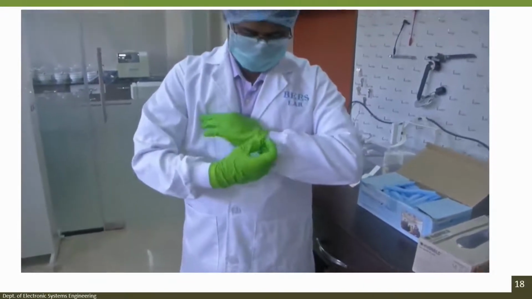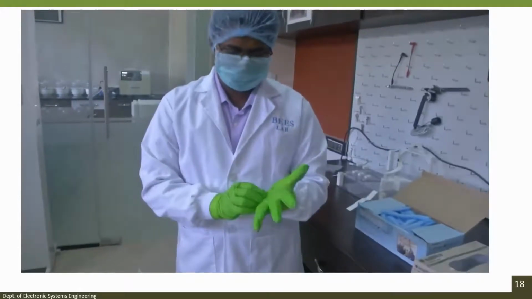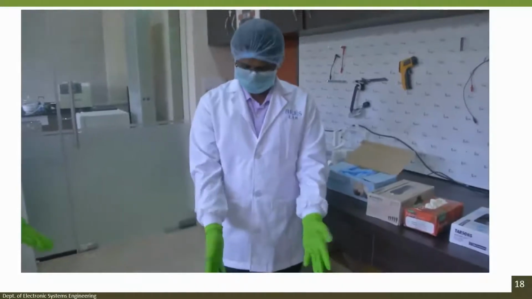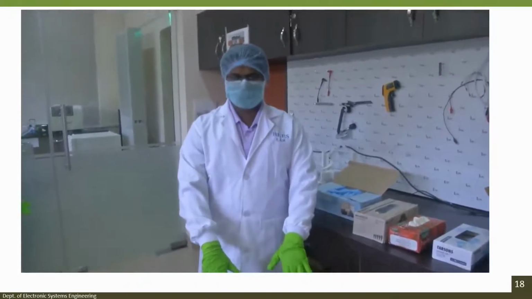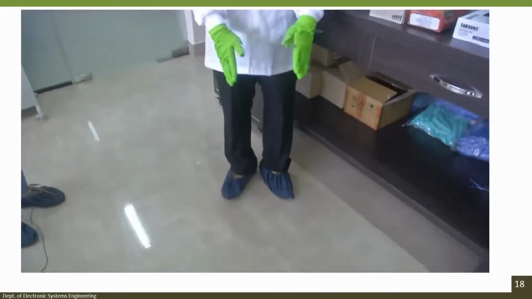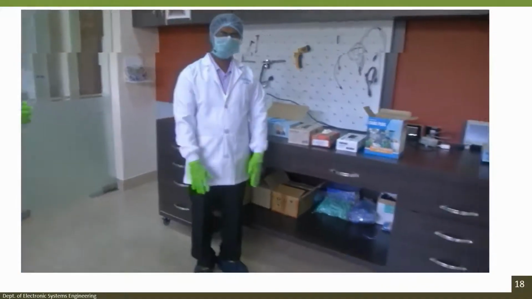These gloves are not really chemical resistant, they're just used to protect the environment from contamination. So this was the entire gowning procedure the visiting scholar has followed in order to use the clean room facility here in the lab.